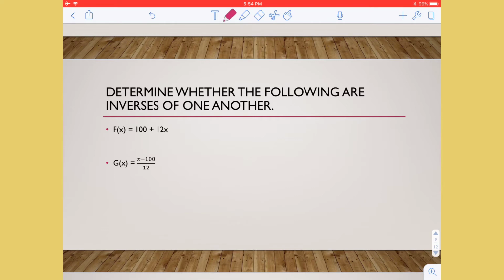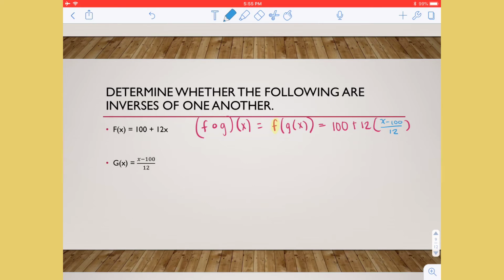So I'm going to begin by looking for f composite g of x, which hopefully you recall is the same thing as saying f of g of x. And so I'm going to take my f function because that is the outside function. I'm going to say 100 plus 12x. But in for x, I'm going to plug in the g function, which is x minus 100 all divided by 12.